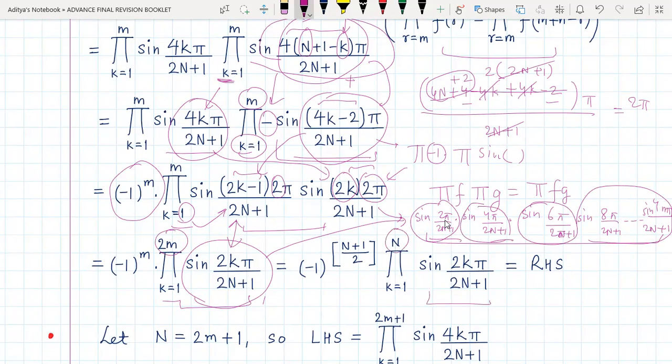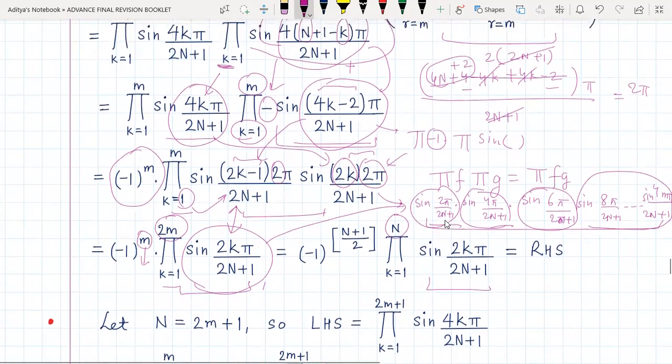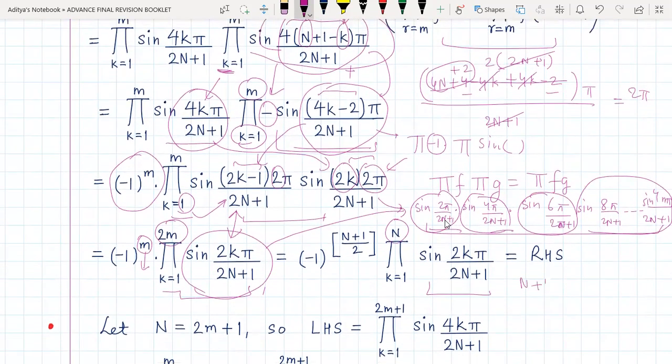Now observe, what is this m? If we are talking about this quantity, n plus a half greatest integer, in this case I have assumed n to be 2m, right? So it becomes m plus half greatest integer. Basically n by 2 plus half, and n by 2 is m. And since m is an integer, it obviously becomes this.